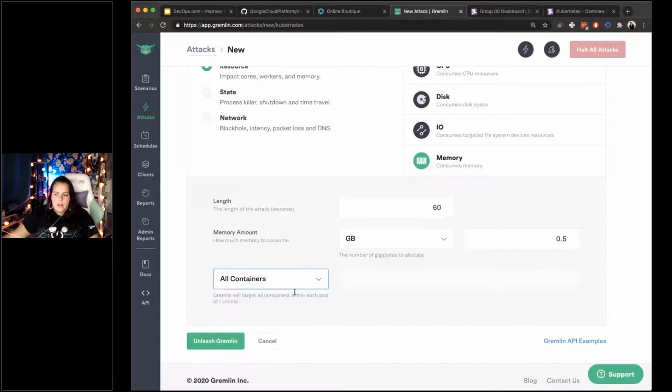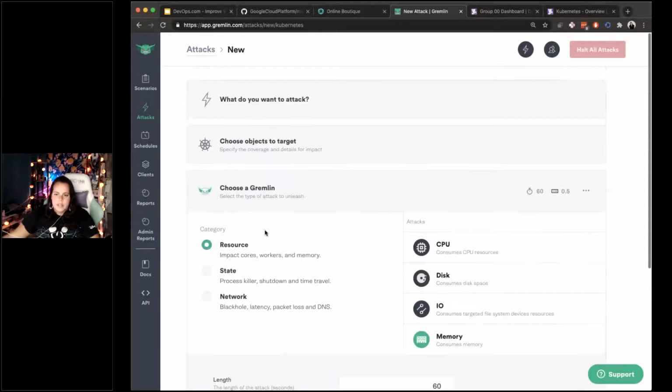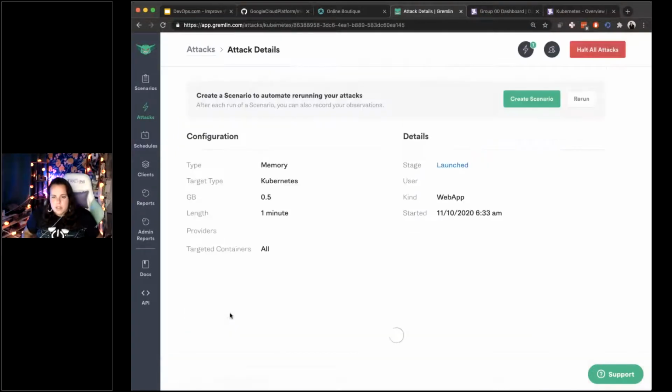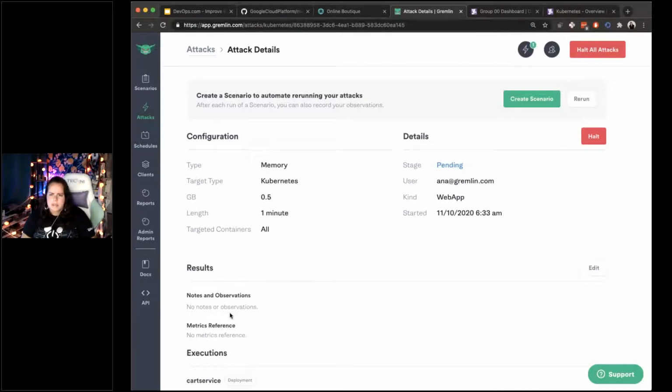So we're going to keep it at all containers for this one. There's only one container that's running this cart service, so not much to see on that portion of it for this demo. We see that we have it as pending. We're just going to wait for it to start showing up as running, and then I'll head back to our demo environment just to see if things are running smoothly.